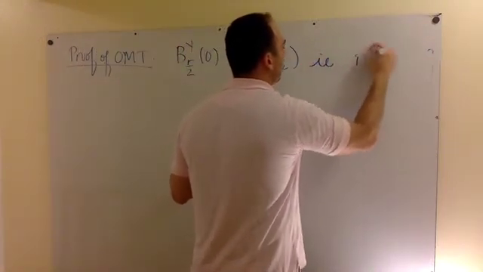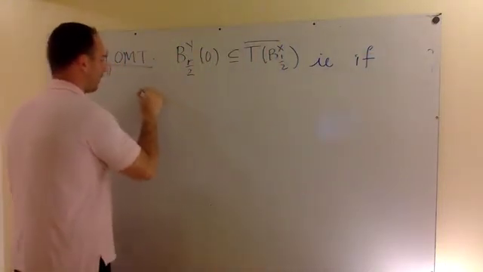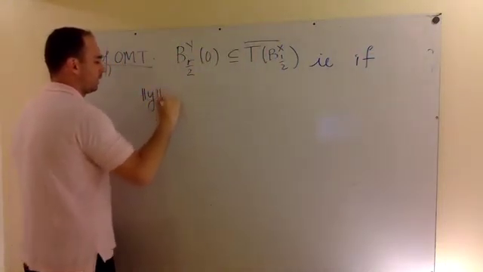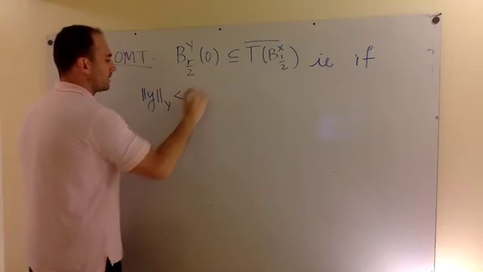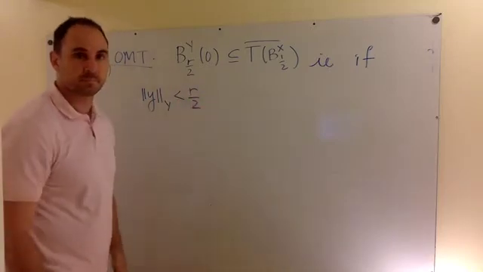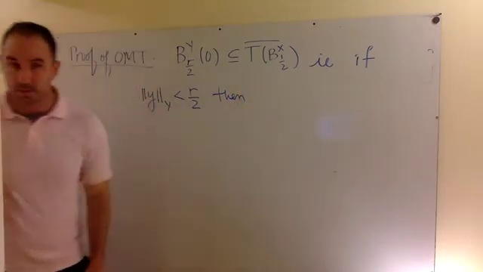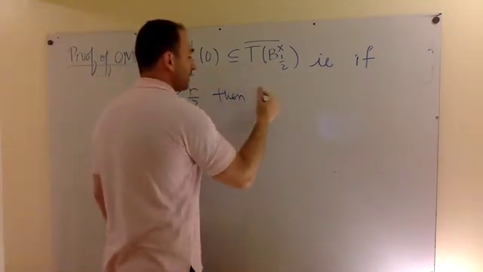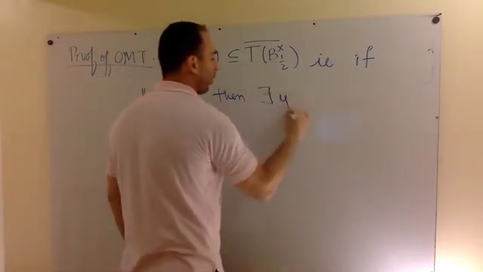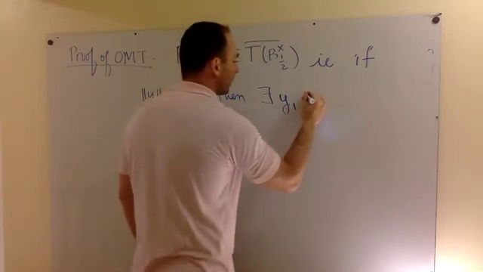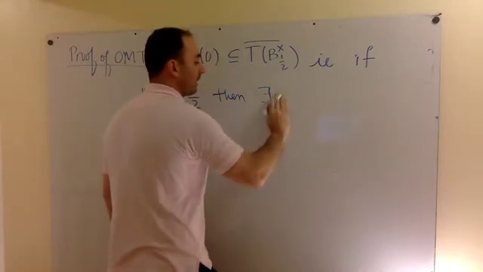I.e., if y in Y has norm less than r over 2, then there exists, say, a y1, and actually let me write it as an x1.